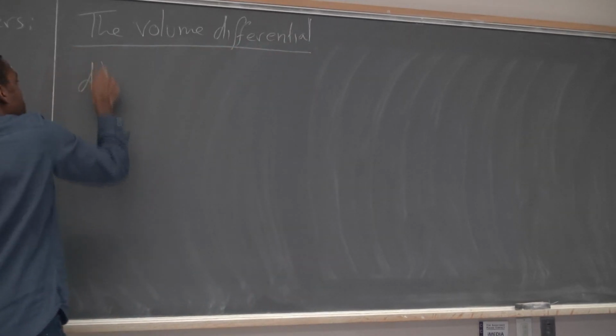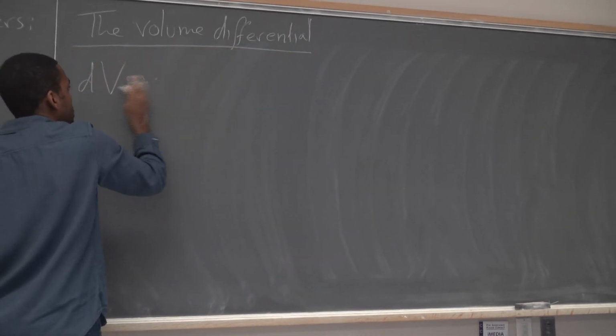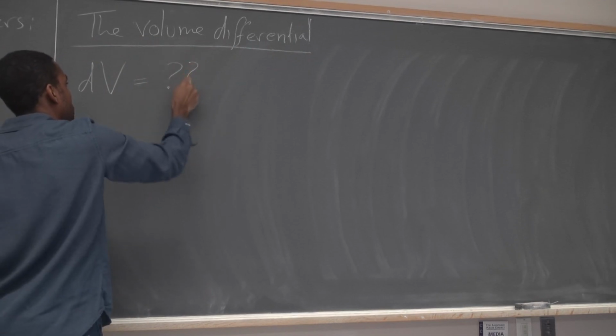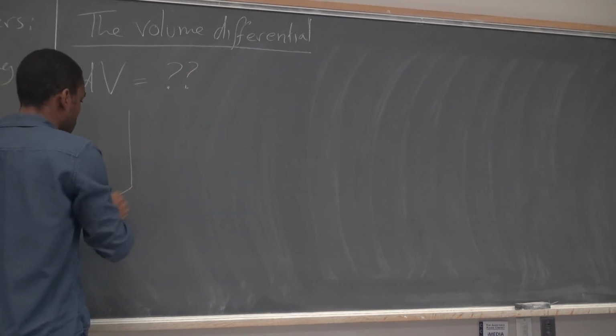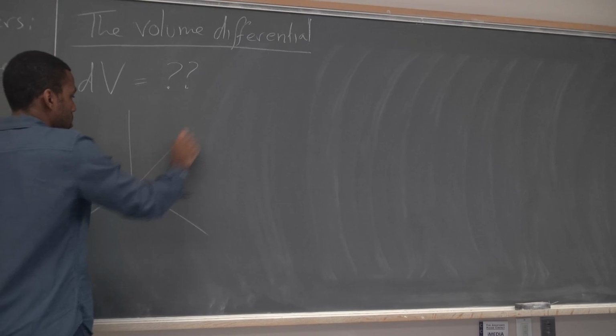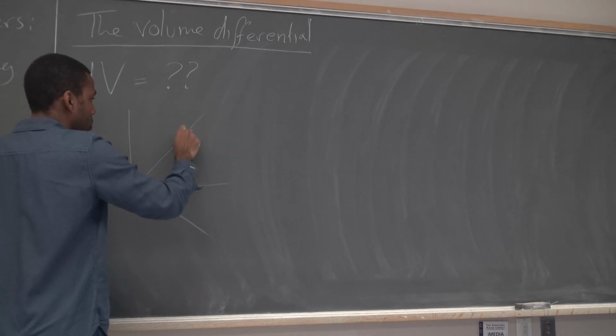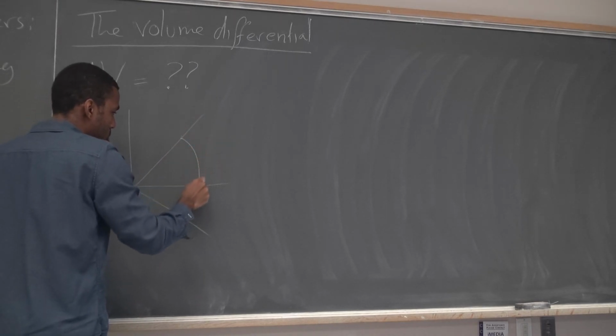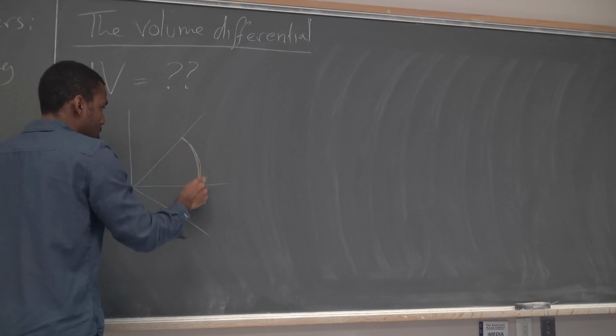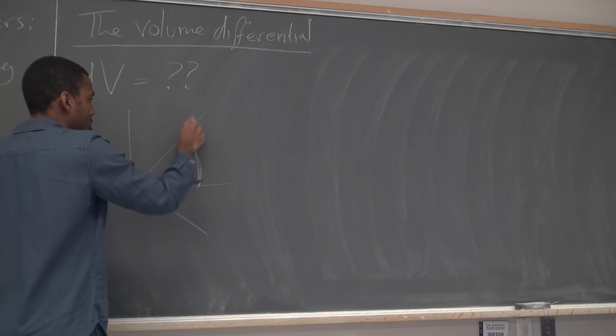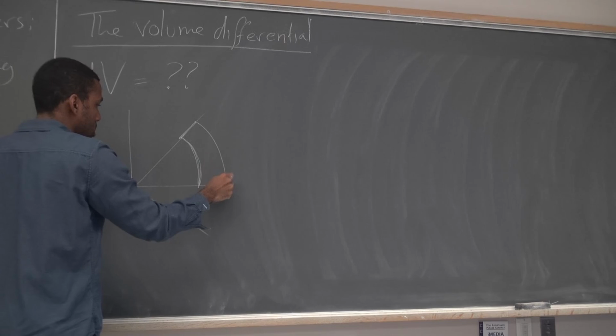Right, that dV guy, what would he look like? Right, is the question. So here, again, the volume unit would look like this. There'd be this guy on the inner surface of a sphere, that guy on the outer surface of a sphere.